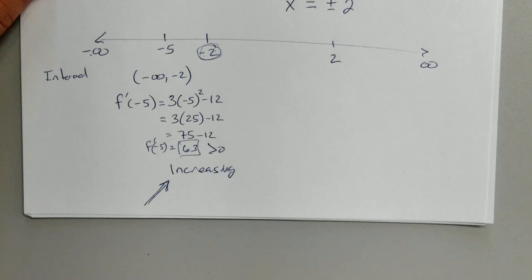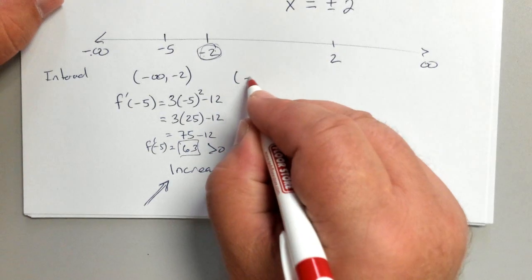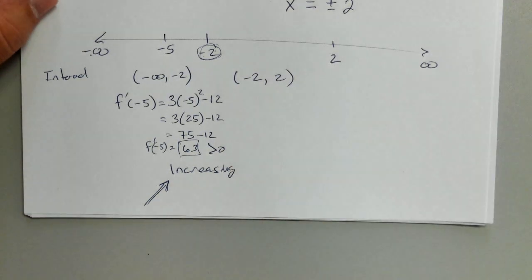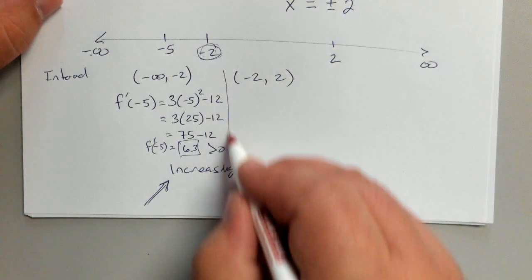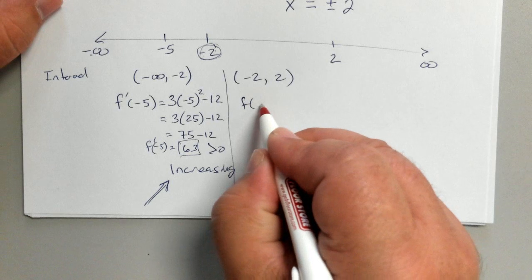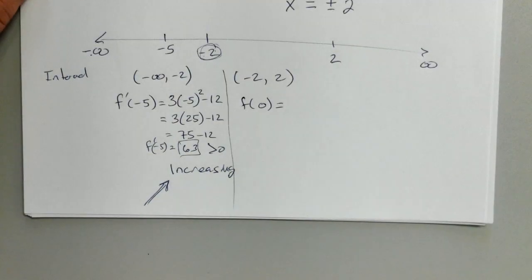At negative 2, it's 0. What about the next thing? Where's the next interval? Negative 2 and 2. Pick a value from there. If you can, always use 0. 0 is always an easy number because it gets rid of your x's.